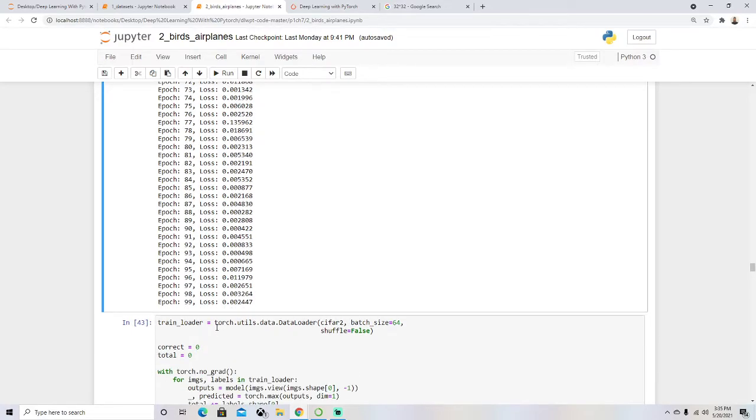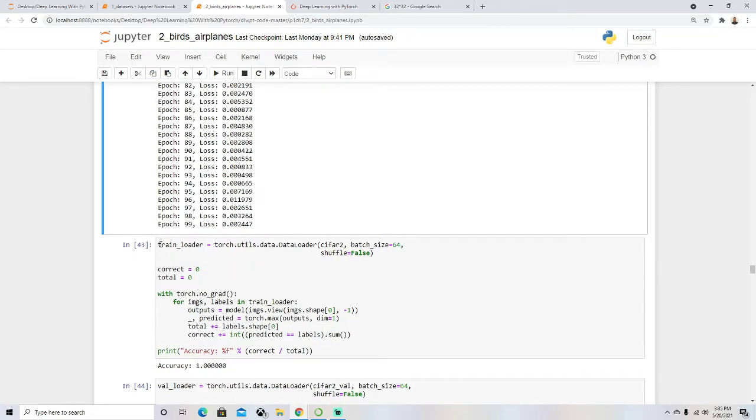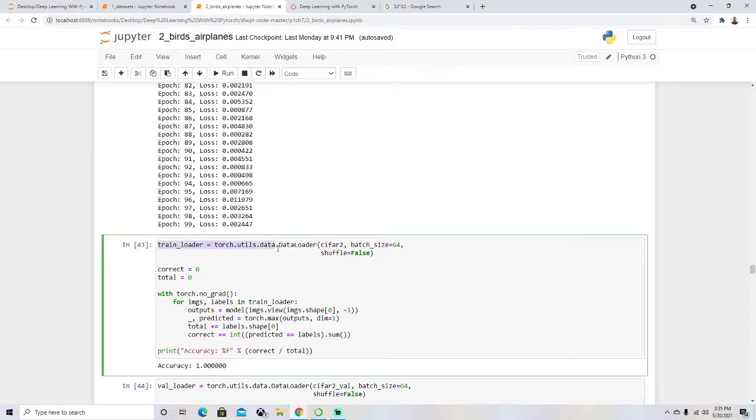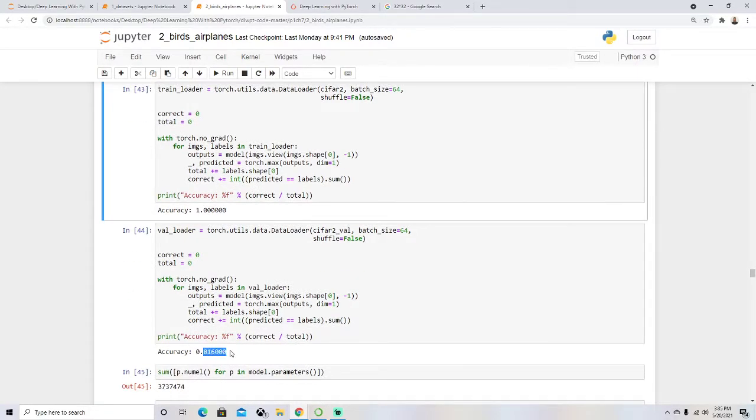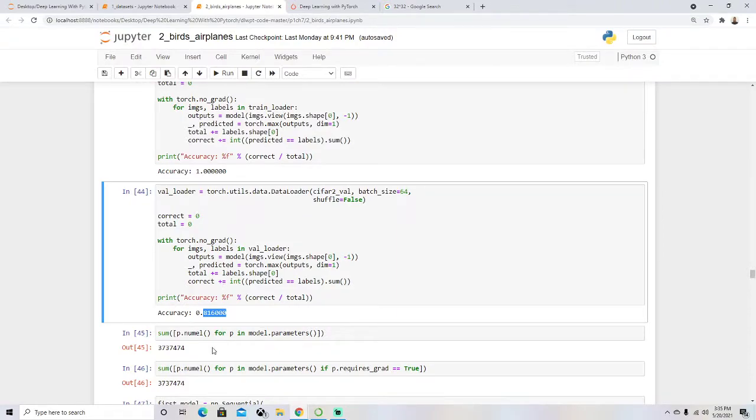So doing pretty good there. But now we will see on the comparison between the training set and the validation set. So it looks like we got an accuracy of 100% on the training set and an accuracy of 80% on the validation set. So again, we're overtraining. We're definitely overtraining.